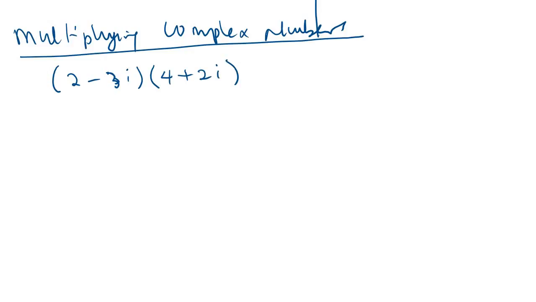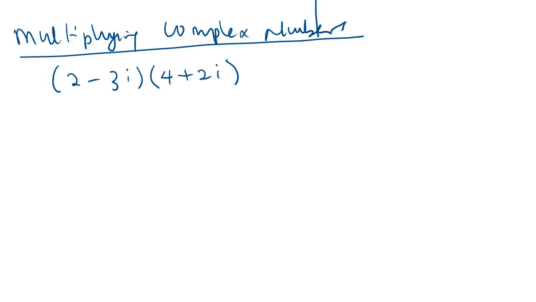The most important thing to know is that it's multiplication because between them there is no addition and no subtraction. It's just two complex numbers multiplied together. So I prefer to use the distributive property. Some people call it FOIL.